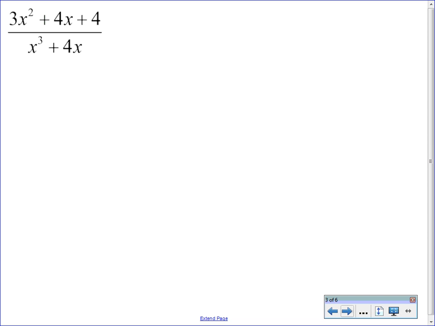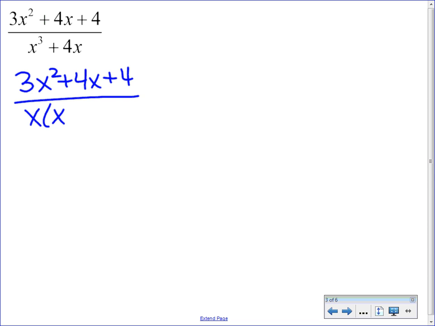Okay. What does our denominator factor to? And can x squared plus 4 be factored? No. If it was x squared minus 4, we could factor it, but x squared plus 4 cannot be factored.